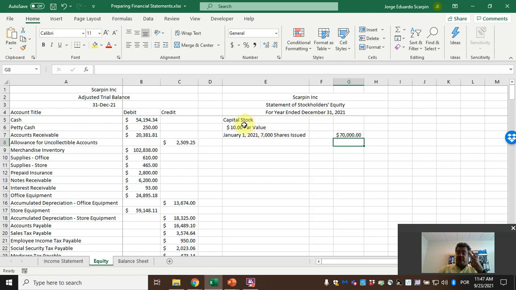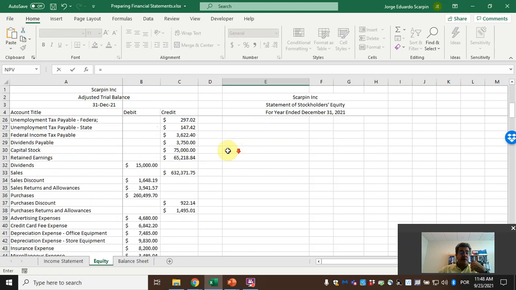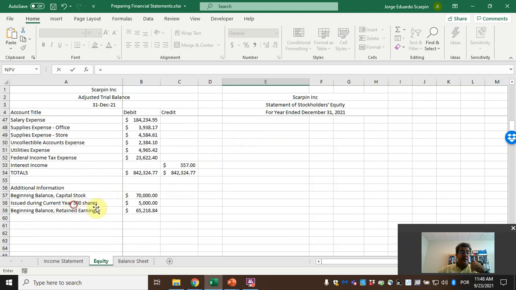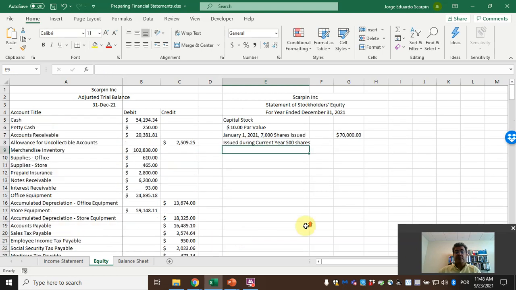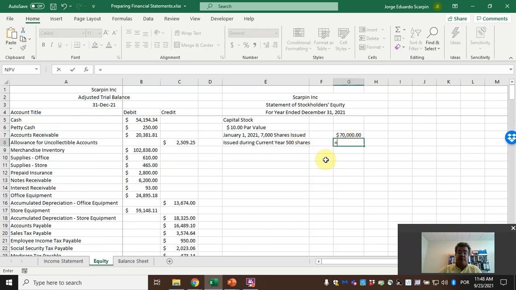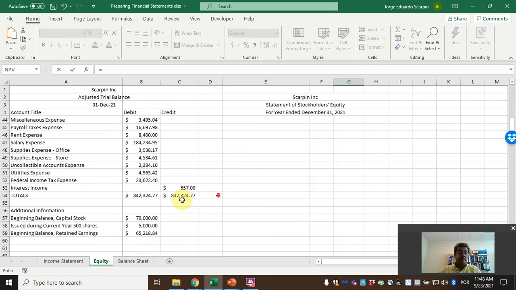So 2 huge sections: capital stock and retained earnings. We start with the beginning balance. Then what happened during the year? Here we have issues during the current year, 500 shares. And so 500 shares, how much? $5,000.